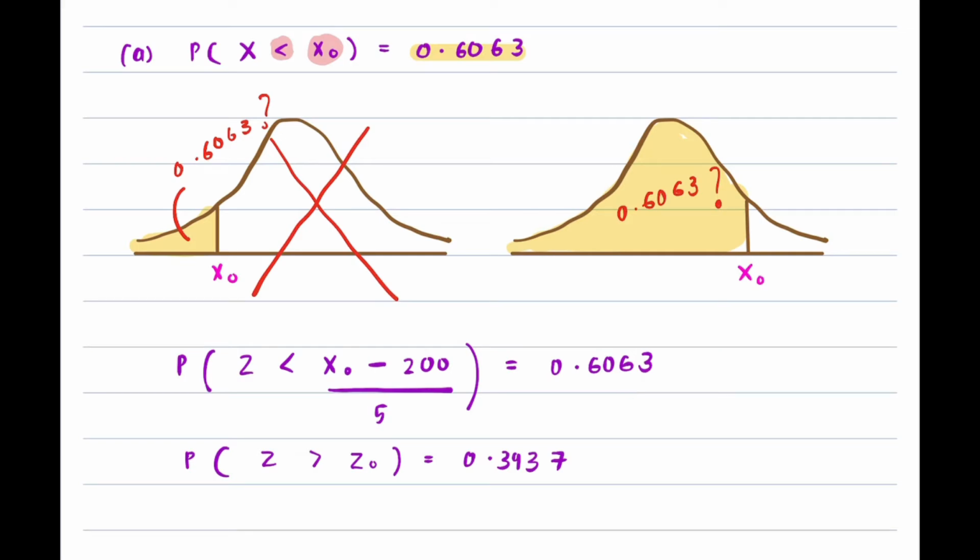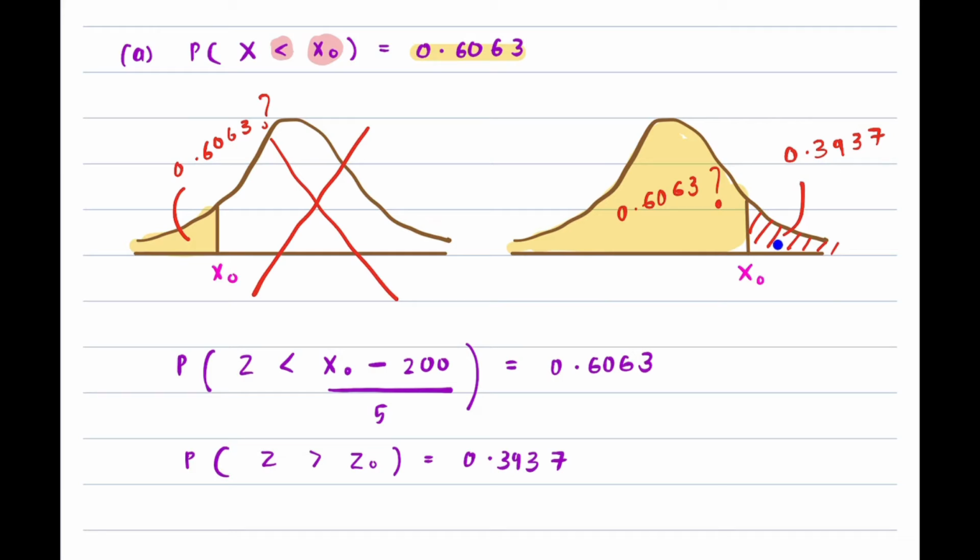Okay, if you want to refer to the table, remember the table only reads the at least symbol. So the table only reads this area. So how can you find this area? Total probability, which is 1 minus the given probability 0.6063. So the probability here will be 0.3937.